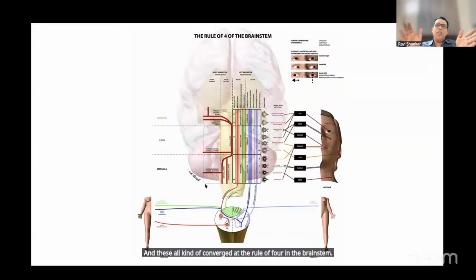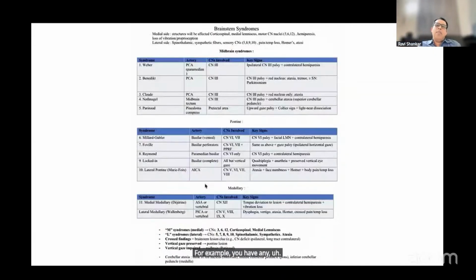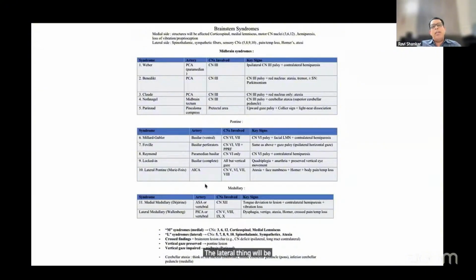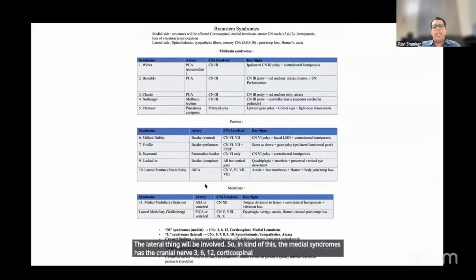For example, if you have a problem in the medial part of the brainstem, all the midline M's will be involved. If you have a problem in the lateral part, the lateral structures will be involved. The medial syndromes involve cranial nerves 3, 6, 12, the corticospinal tract, and the medial lemniscus.